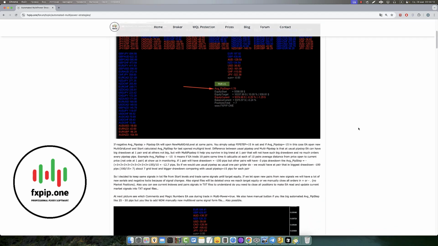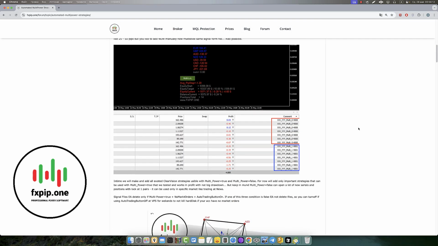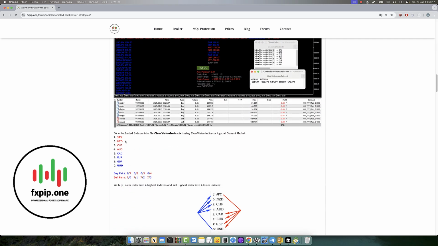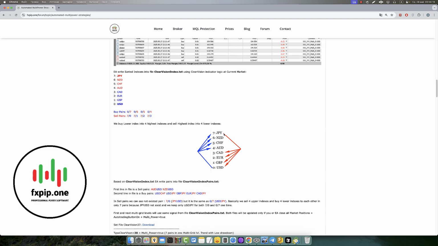So let's test the strategies. First strategy we have, 37. We sell JPY with those four currencies that look down. Or we buy these four currencies through the JPY in sell, but these four in buy.